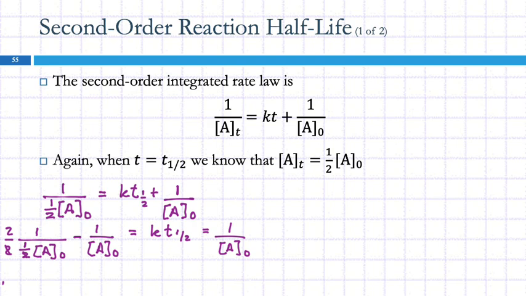And then we want t 1/2. So t 1/2 is 1 over k times A0.